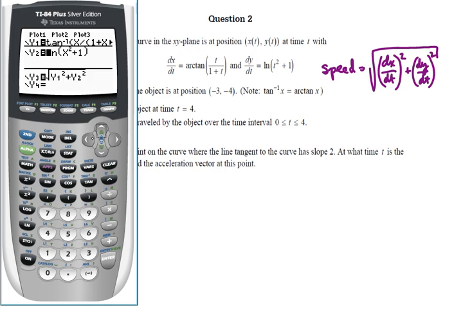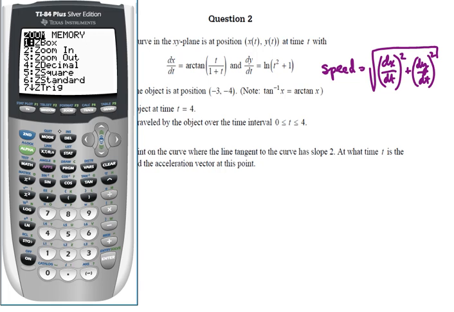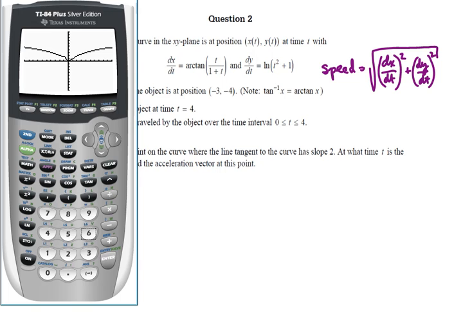Now to calculate that, I need to turn the others off, and I'm going to zoom standard, and I'm looking to calculate this at time t is equal to 4. So that's what in this case would be x equal to 4.